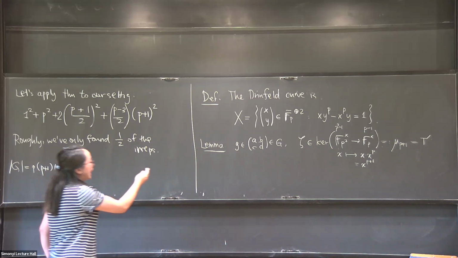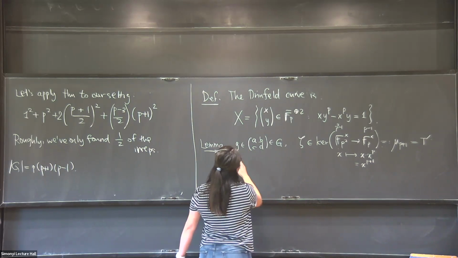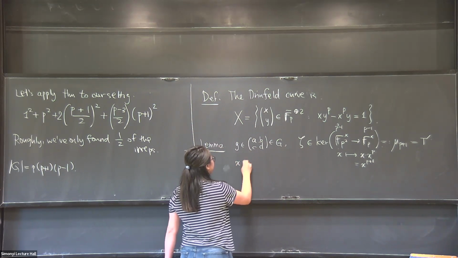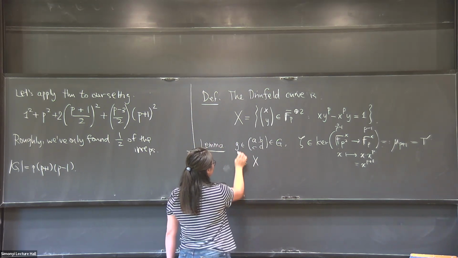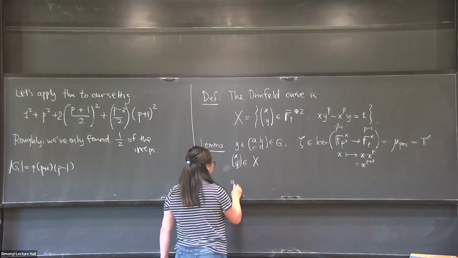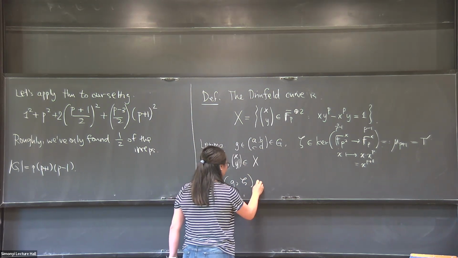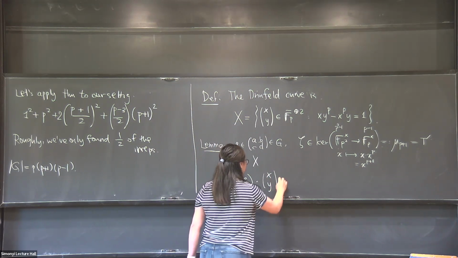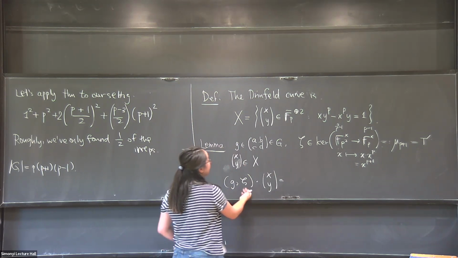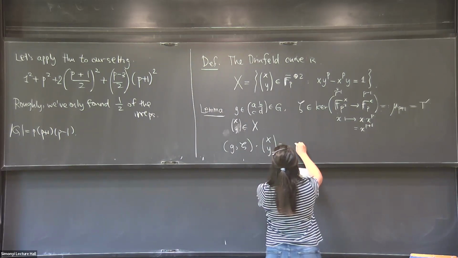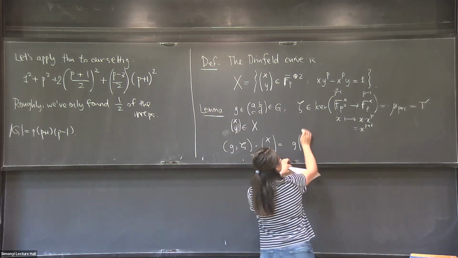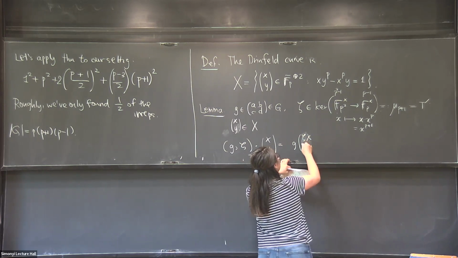Okay, so for any pair G and zeta, there's a way to act on this. If I take some (x, y), how do you act? G comma zeta will act on (x, y) by matrix multiplication on the left and by scaling by zeta. So I write G times (x, y) for matrix multiplication, and then scale by zeta, zeta.